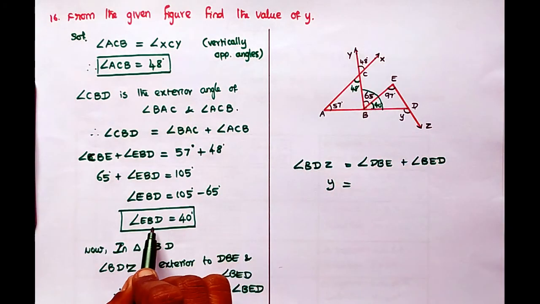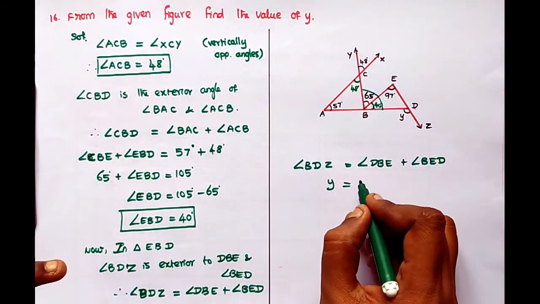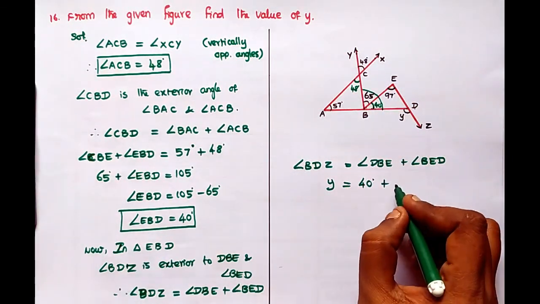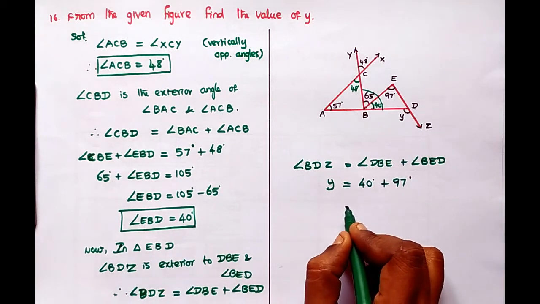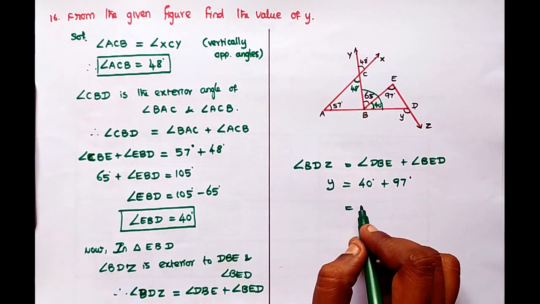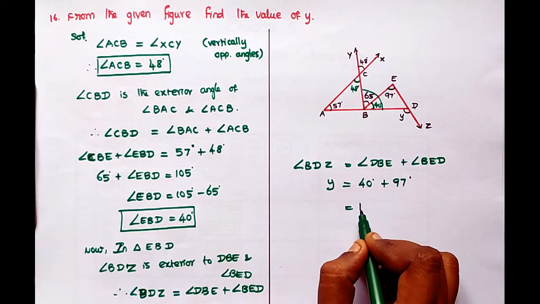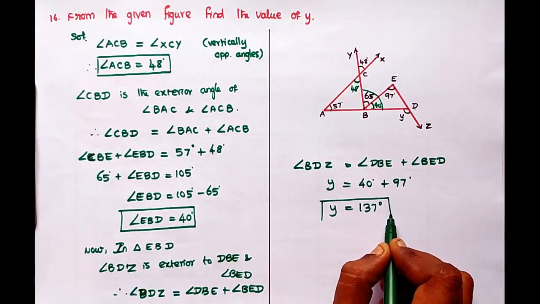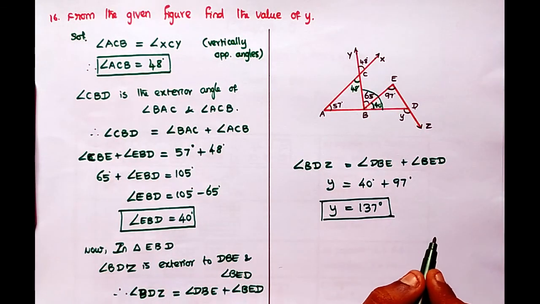We found that DBE or EBD is 40 degrees plus BED, that is 97 degrees. How much is this? Add means we get 137 degrees. That is the value of Y.